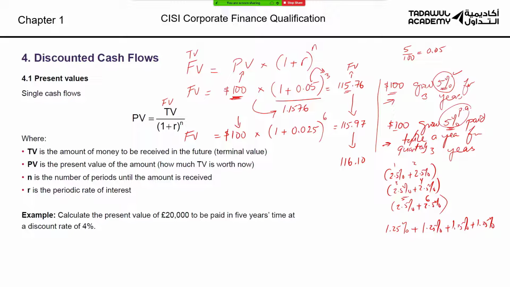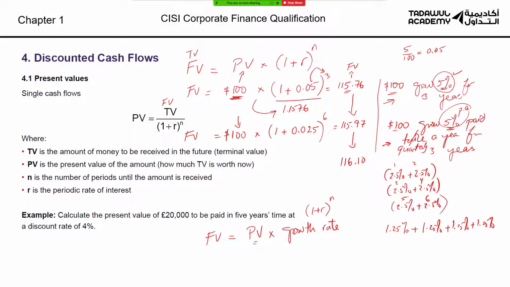Now that we have put this concept aside, let's go back to the very formula: the future value equals the present value times the growth rate, the rate at which the present value is growing. Of course, the growth rate is 1 plus the rate to the power of the number of periods.